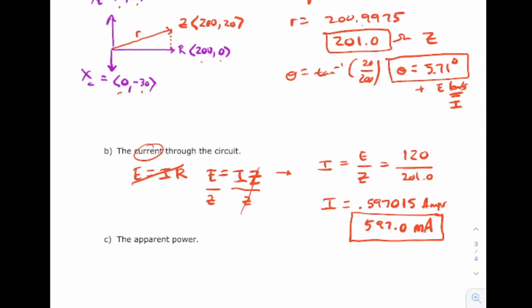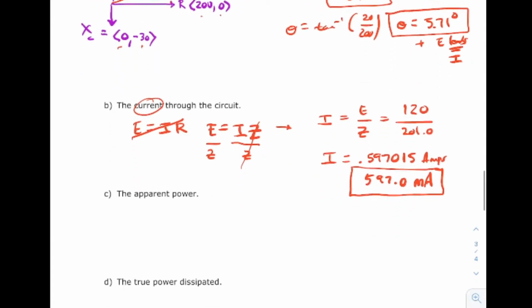Cool. The apparent power. I'm going to use this formula. Again, that looks like Ohm's law, and it kind of is. The only difference is we're using RMS, and remember the E results according to the I and the Z. So this is an apparent power, not a true power.